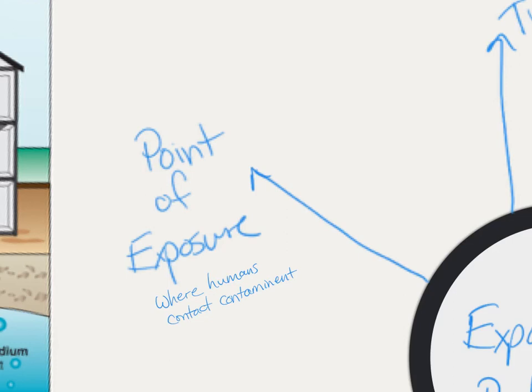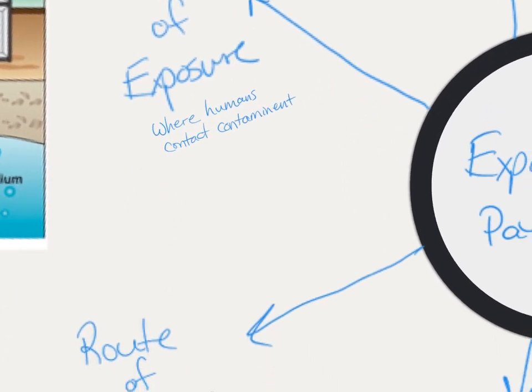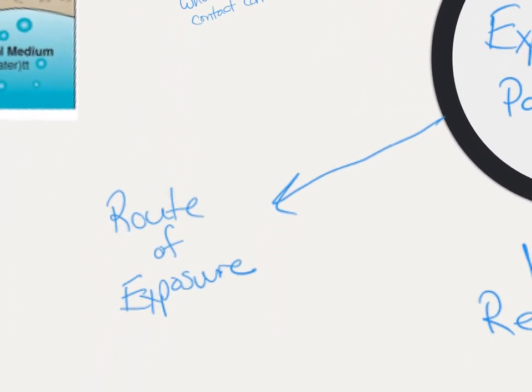So schools, homes, roads, breathing, traveling, and any other place you can think of. Then there's the route of exposure. The route of exposure is simply how the contaminant enters the human body.